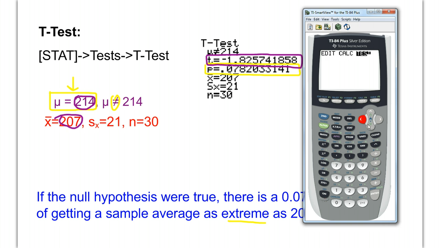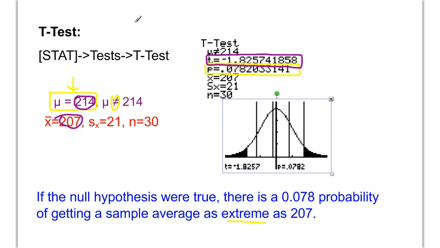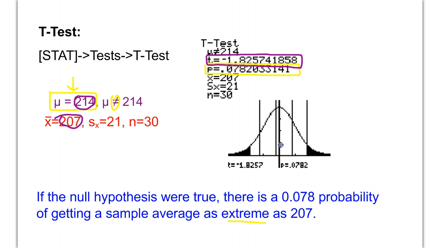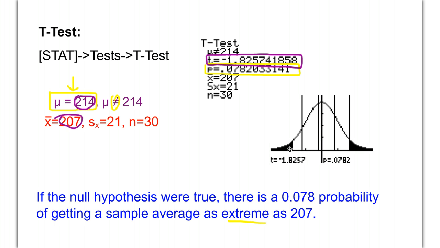I can show you on your calculator real quick. Since you just did your t-test and you did the calculate, at the bottom you'll notice there's another option for draw. If you were to push the draw button, what that's going to do, assuming you don't have too many other things plugged into your calculator, is draw this normal curve. And you can ignore those vertical lines there. That's just some other messes in my calculator. But what it's doing is it's shading those two ends in, and those two ends represent the p-value.